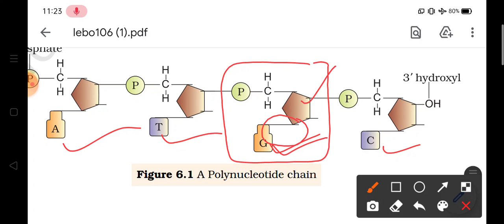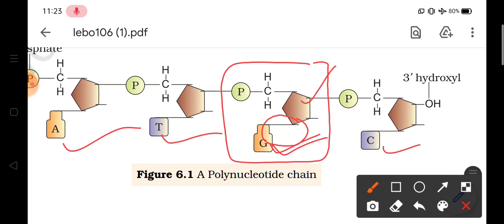So whenever a nitrogenous base is attached with the pentose sugar, then that is known as a nucleoside. Learn this. A definition may come in the exam, what is a nucleoside? How will you define it? When a nitrogenous base is attached to a pentose sugar, then it is called a nucleoside.